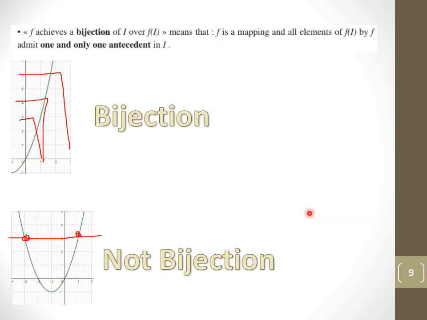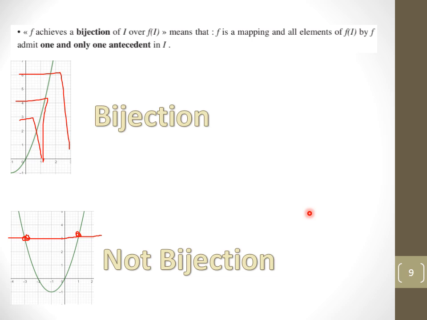Now, what's the meaning of bijection? Bijection means that f is a mapping and all elements of f of I admit one and only one antecedent. If you look at the first figure, it's increasing. This is a bijection because every x has its own y.